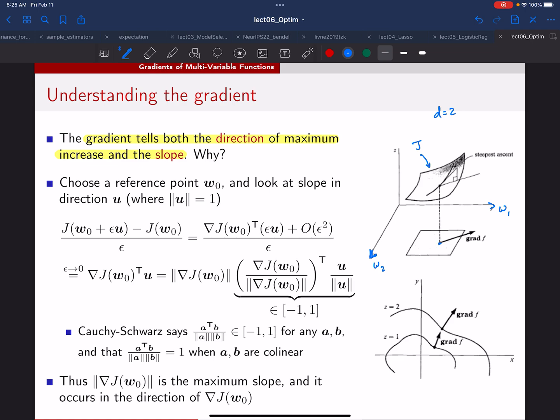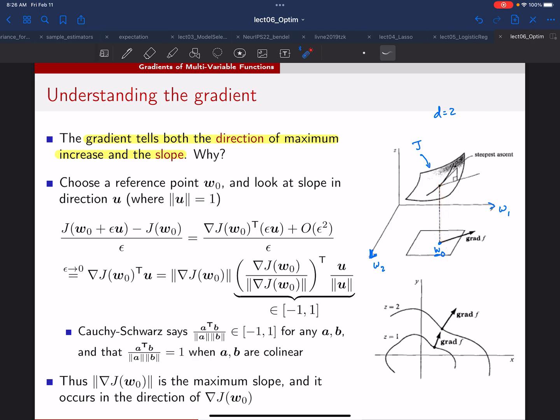Here is the reference point. I'll put an underline under W because this is a vector, vector W naught. And so if I want to measure the height of the function at W naught, that would be the height of this point.